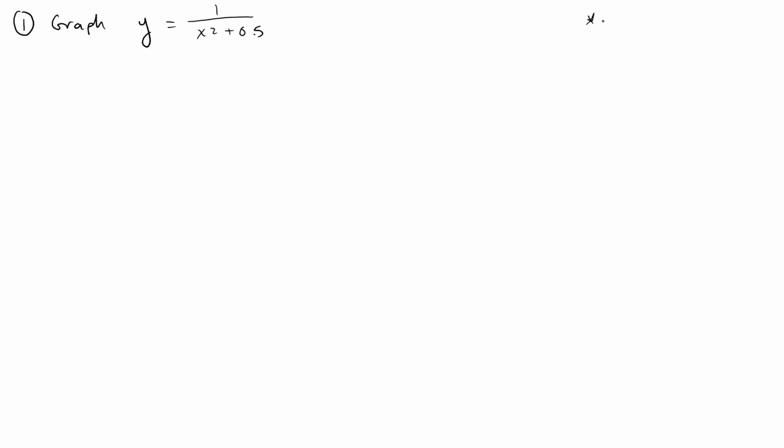For me, what I like to do is graph the original quadratic, and I know that x-intercepts become vertical asymptotes.